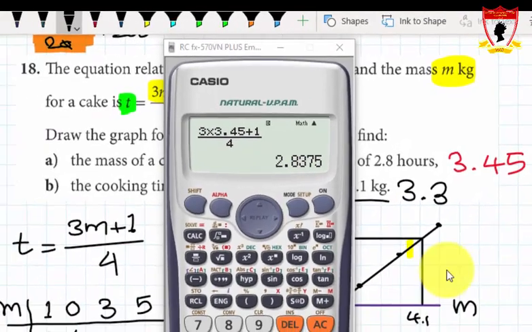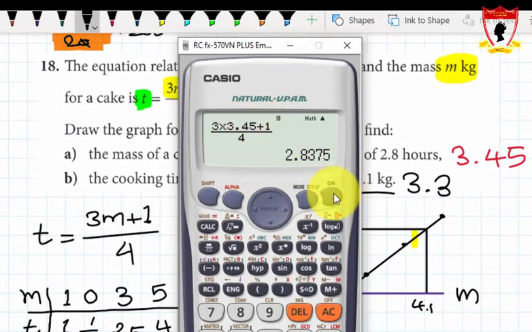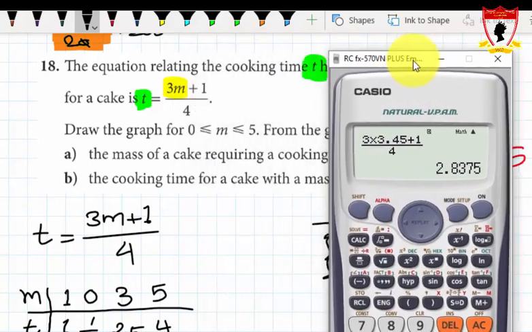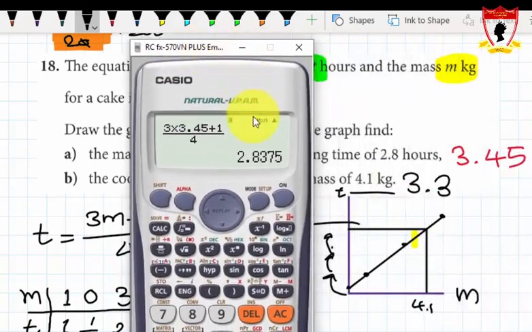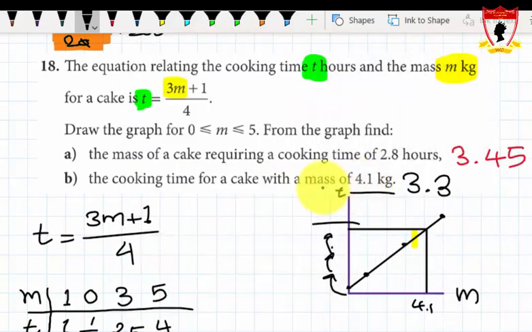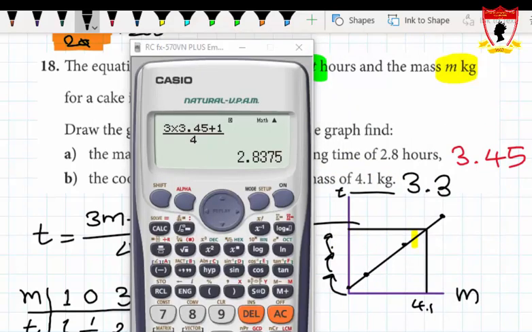In part B, the answer is 3.3. This 3.3 is the t. Now let's substitute 4.1. 4.1 is the m, the mass for part B. Then we have to put 4.1 in place of m.